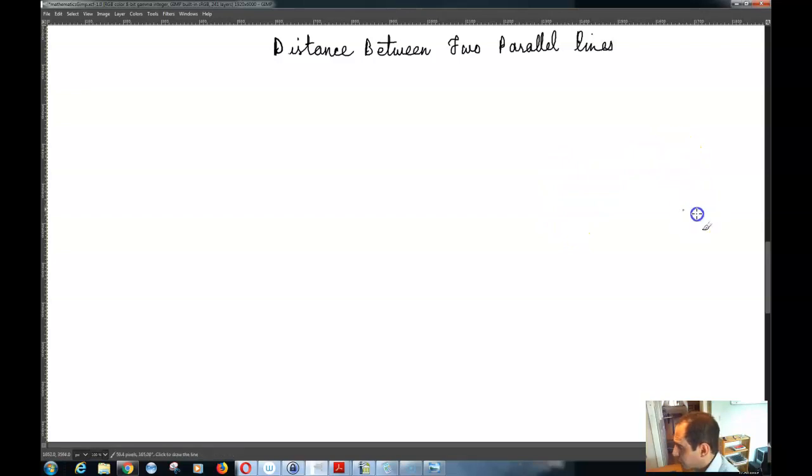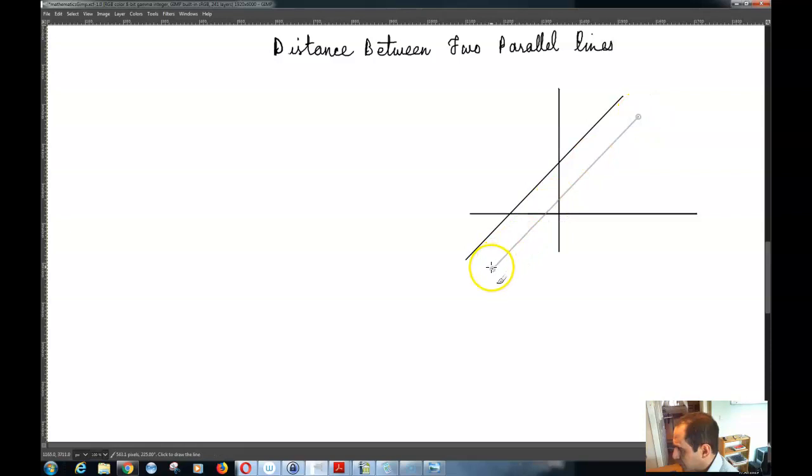So suppose that, for example, you have these two lines over here. I make this a little bit longer, and I draw this line over here, and I draw this line over here, and suppose that you have these two lines which are supposed to be parallel lines. This is your x-axis, this is your y-axis.